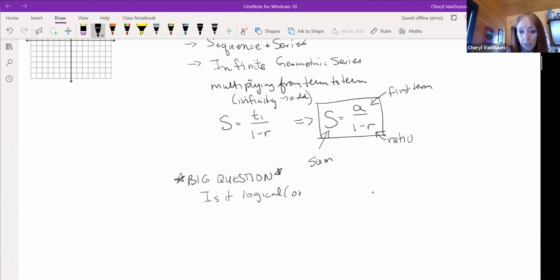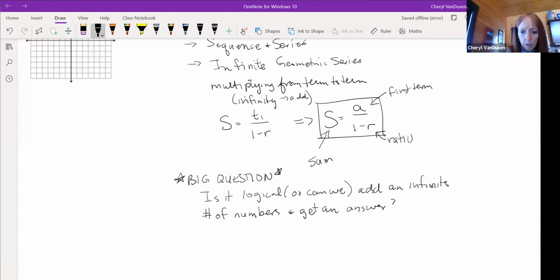Or in other words, can we add an infinite number of numbers and get an answer? Seems very, very odd. Can we add an infinite number of numbers and get an answer?